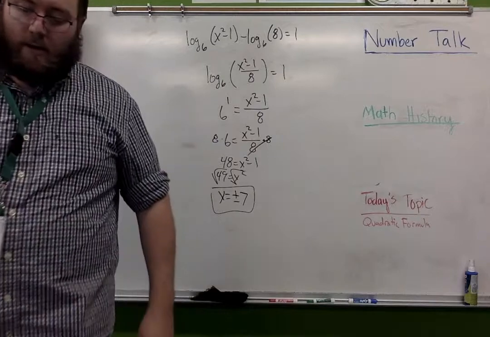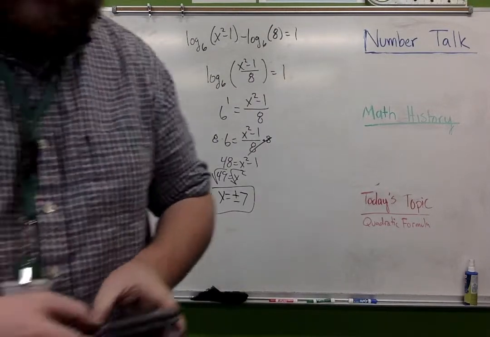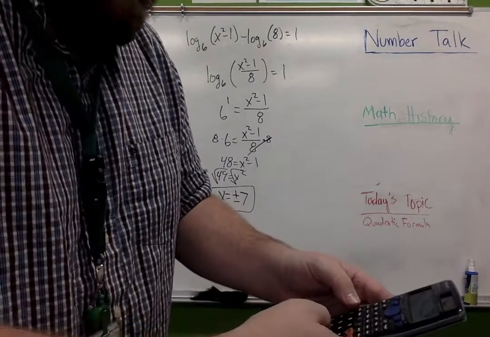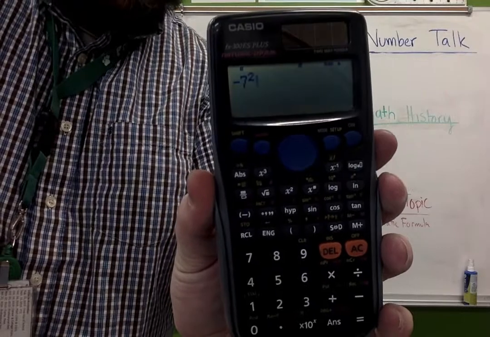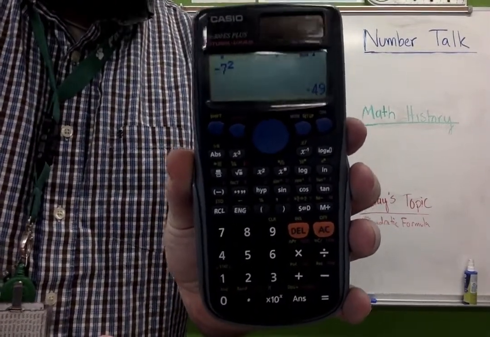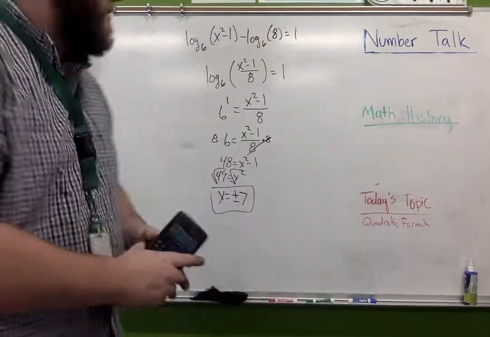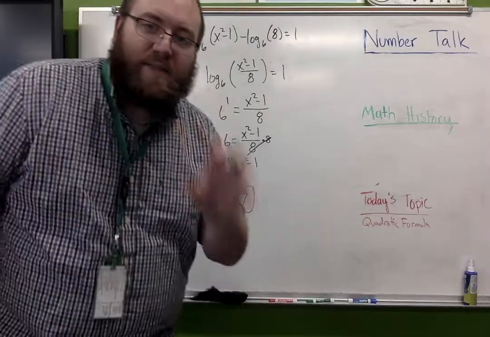In your calculator, if you type it this way, let me show you. Let's see, negative 7 squared. If you just type it like you say it, you get the wrong answer. It's not negative 49. Right? It's x squared, and x is negative 7. The entire thing is squared.